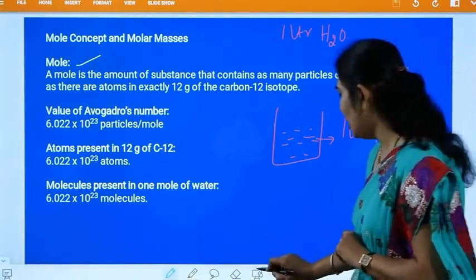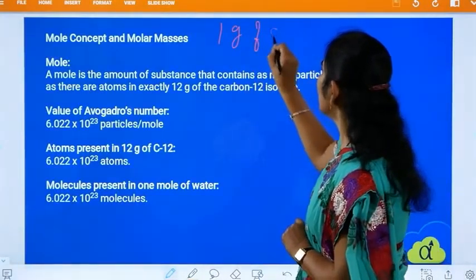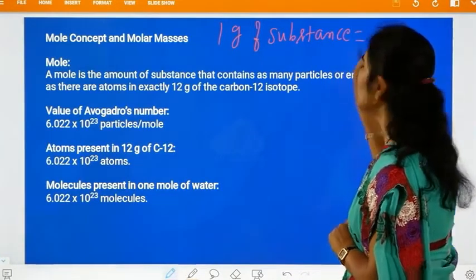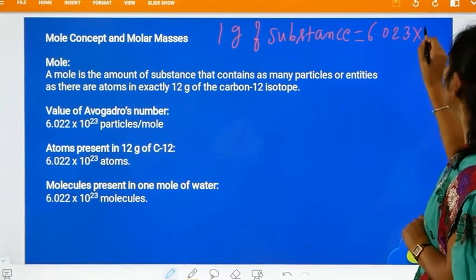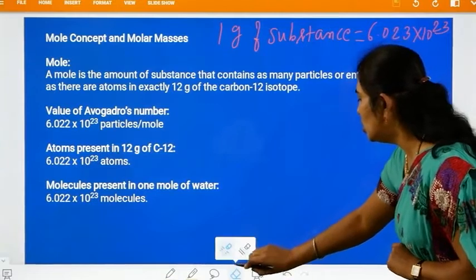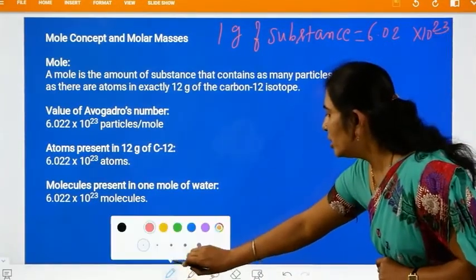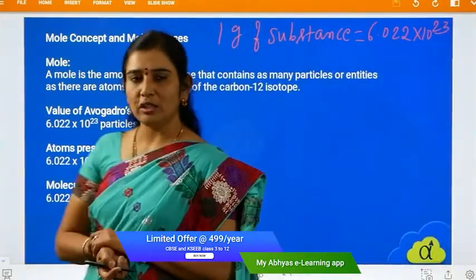What is that number? Actually, 1 gram of a substance, for example, I'm telling, is equal to 6.023 into 10 power 23, or some people use 6.022 instead of 23 here. So we can take 6.022 into 10 power 23.